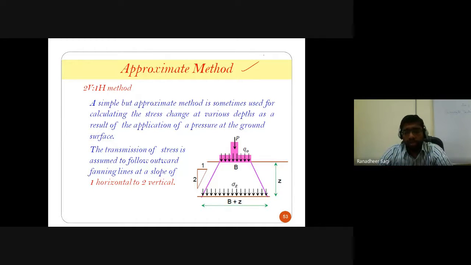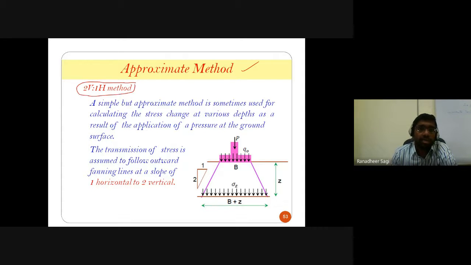We need not go by the very accurate methods, because the earlier methods that we talked about, for a rectangular loaded region or a circular loaded region, are all accurate methods given by Boussinesq. Even if we may not be exactly following those approaches, we have some approximate approaches by which we can estimate the increment in stress in the ground.